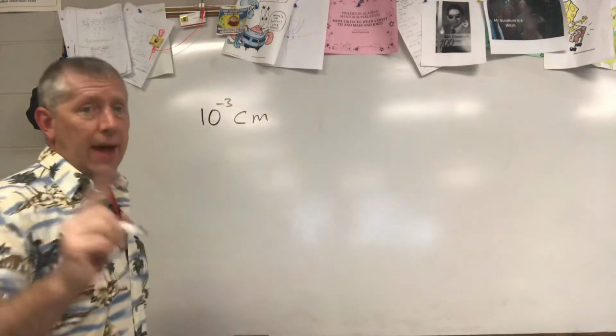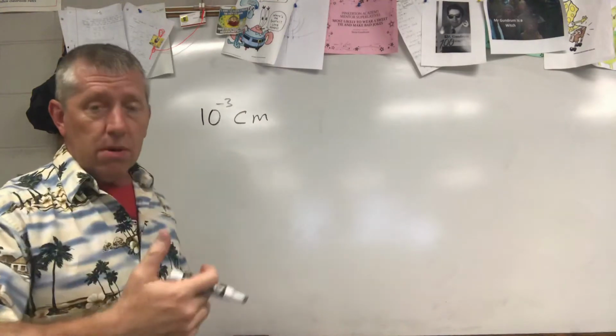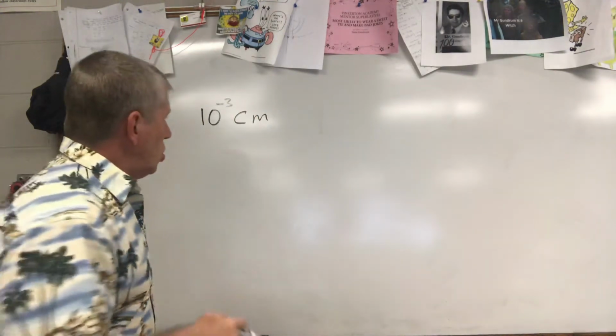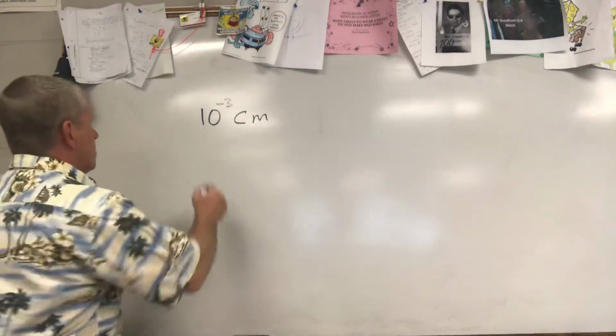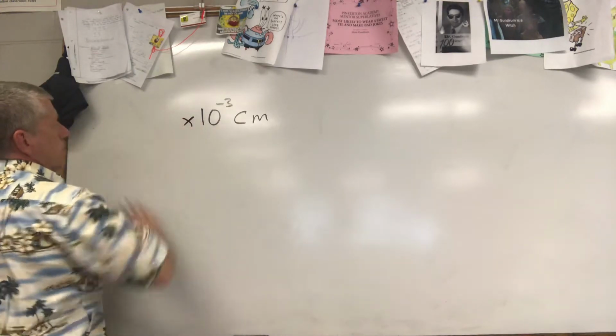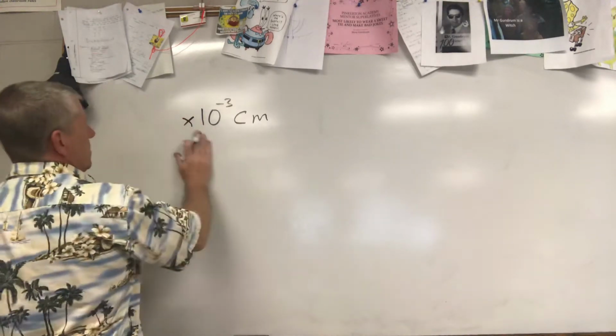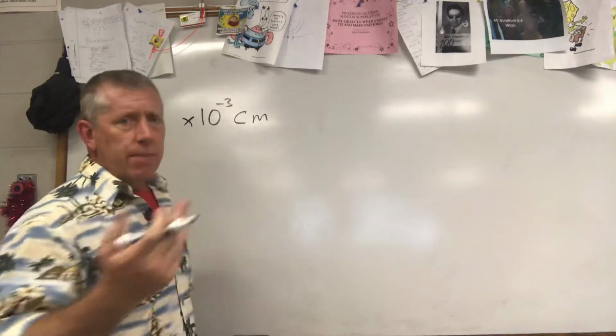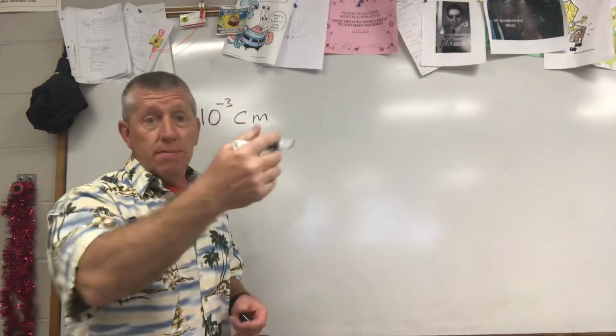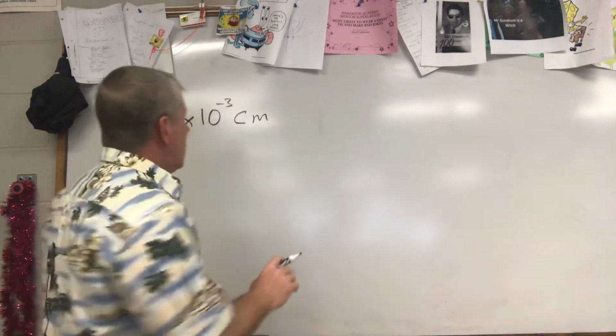So I will tell you that. That means 0.00 something something. So you're going to have some number here, whatever you calculated, times 10 to the negative third, or you might not. You might just have it as 0.00 something something, and you can leave it like that. That's fine. But you have measured that in centimeters.